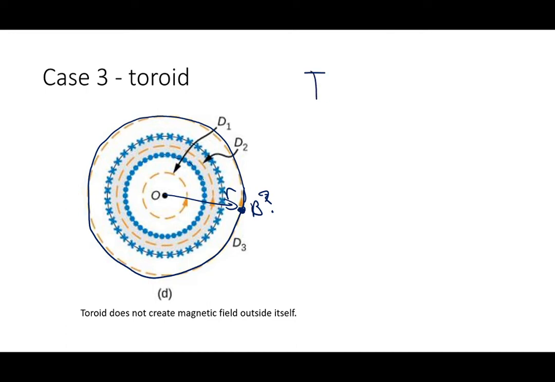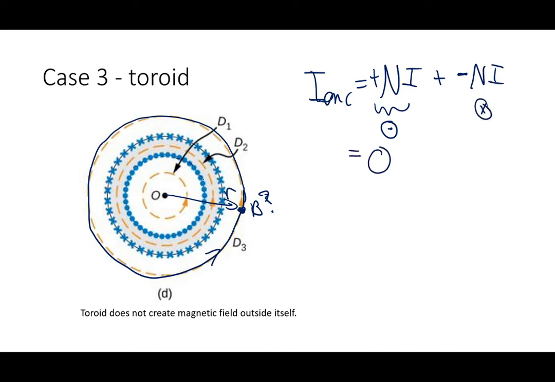So your I enclosed in this case would be, if we're going through the loop this way, using your right-hand rule, N times I positive because these are the outward going current, whereas all the inward going current is going the opposite direction as given by our right-hand rule, so that's going to be plus negative N I. These are all the ones going inside, which then when you add it up gives you a big fat 0.